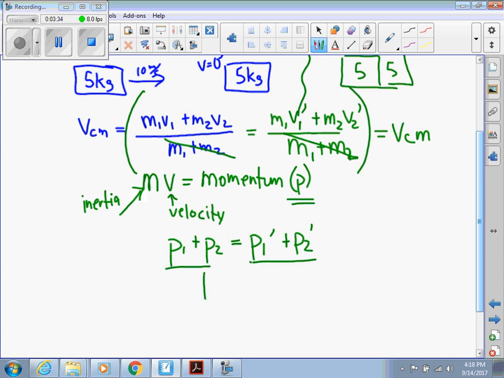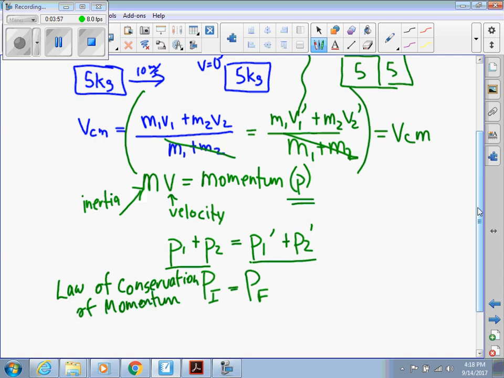And so this is essentially saying that the momentum initially equals the momentum final, and this is known as the law of conservation of momentum. Okay, and this is found in states where there's no external forces present.